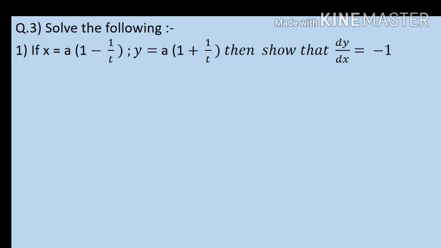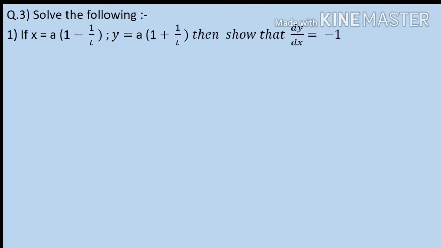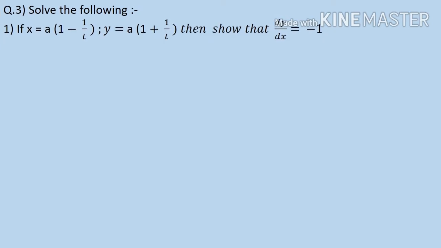Now over here x is a function of variable t and y is also a function of variable t. So we will differentiate x and y with respect to t to find dx upon dt and dy upon dt respectively. So let's solve it.